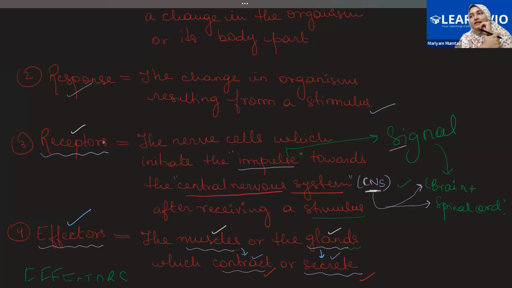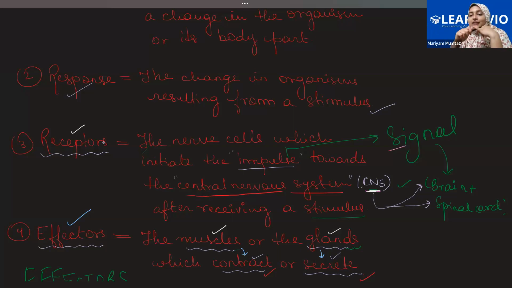For example, again, if I take the example of patting on the back, and someone patted you on the back with full force, what will your instant reaction be? You'll get angry, isn't it? You'll get angry and then turn towards that person to confront them, like, why did you hit me?